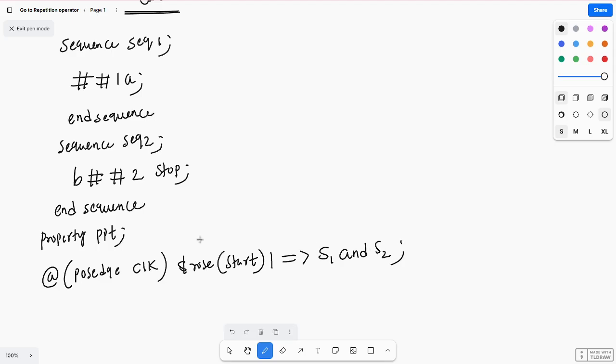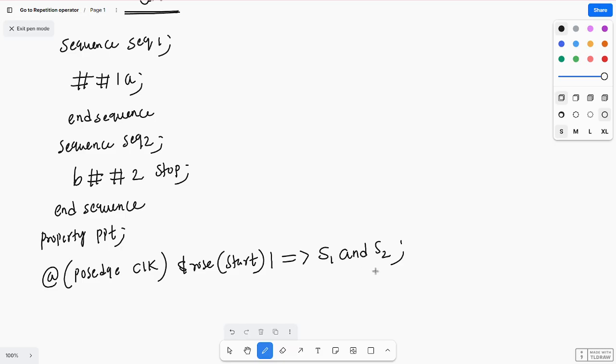Did you understand this sequence 1 and sequence 2? There is one delay for A. After that, sequence 2, for B, after 2 cycles it should stop. At posedge of clock, $rose means when it goes from 0 to 1 only, then assertion will start. With the non-overlapping implication operator, one delay will be added.